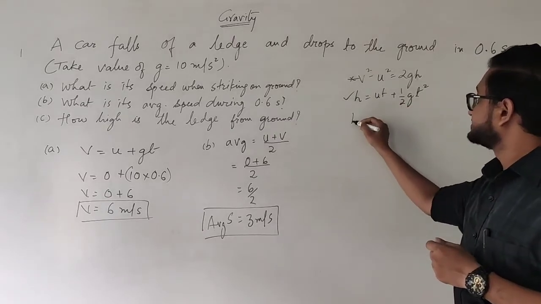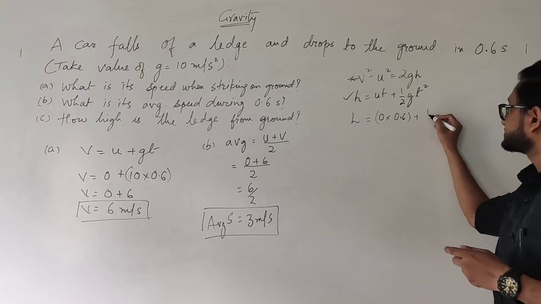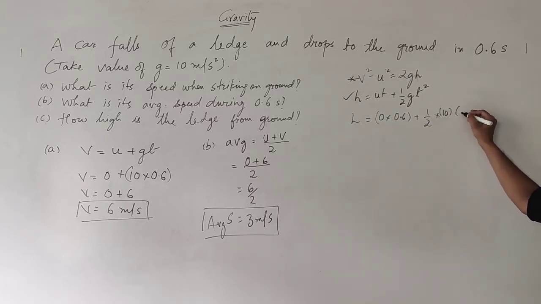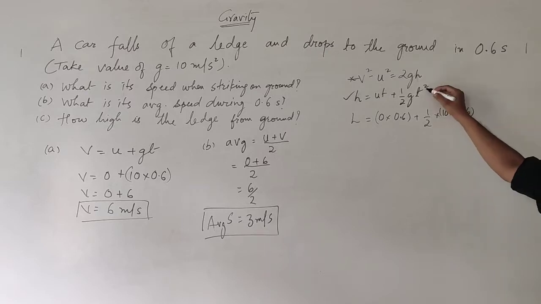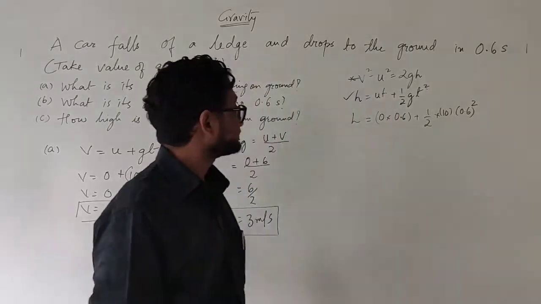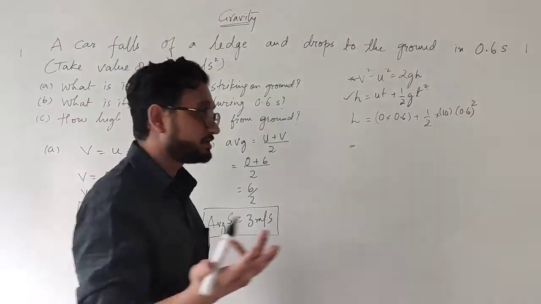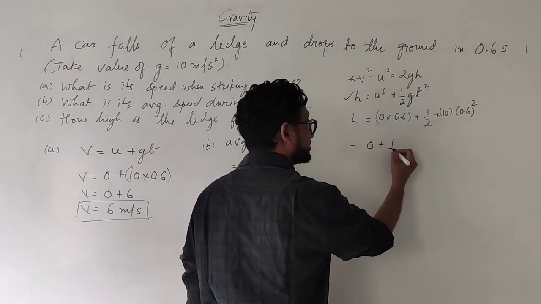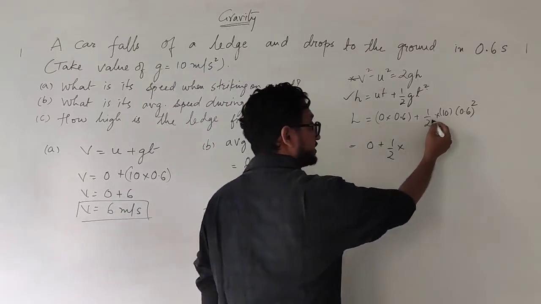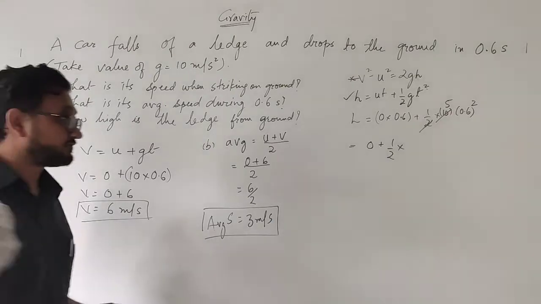U is 0. Time is 0.6. Plus half. G is given as 10. And time is once again given as 0.6. But remember, there is a square over here. Don't forget that. So 0.6 square. Solving this, 0 into 0.6, or 0 into any number, gives you 0, plus half into 10. I can cancel here, 2 fives are 10, so I will get 5 and I can remove the half.